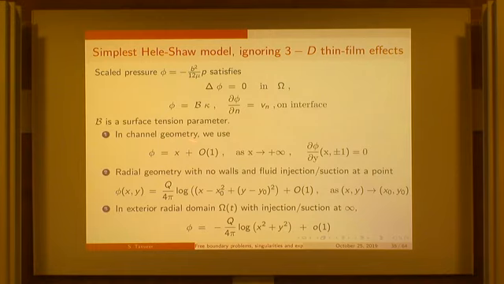In a channel geometry, as you go very far away from the advancing interface, the velocity goes to a constant, which is scaled to be 1 here. So the potential becomes x plus O(1). Now we're looking at the Hele-Shaw cell from the top, right? We have already averaged out what happens in the narrow gap direction.